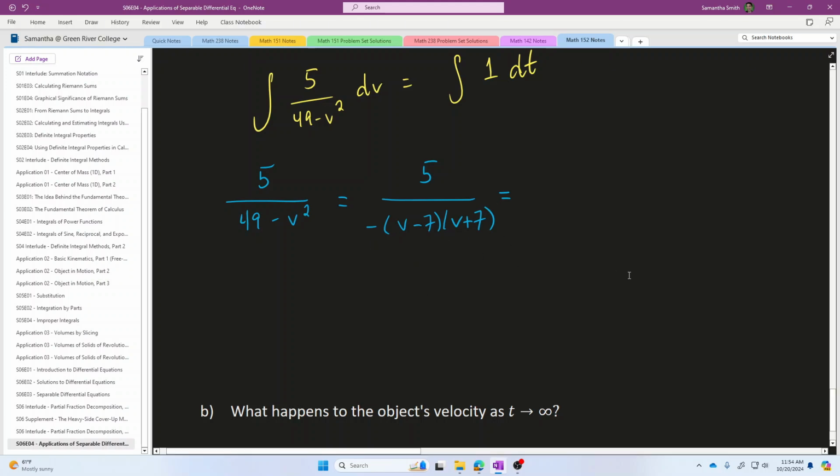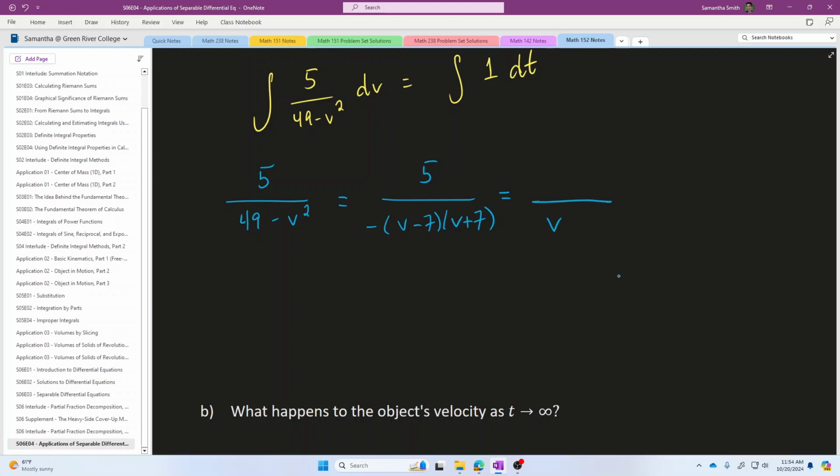Now this denominator contains two different linear factors. So I can use the Heaviside cover-up method to help me decompose this complicated fraction.